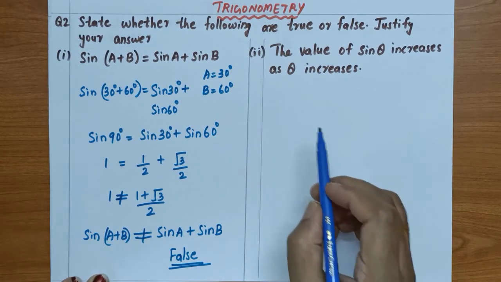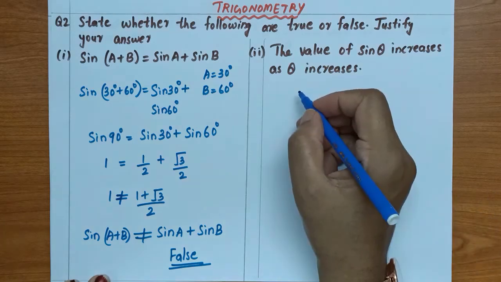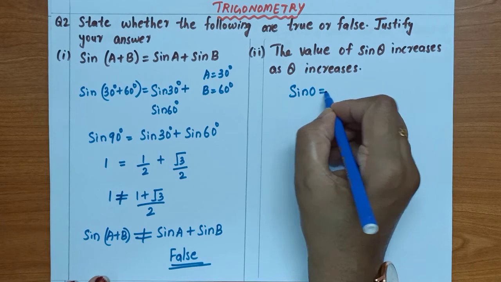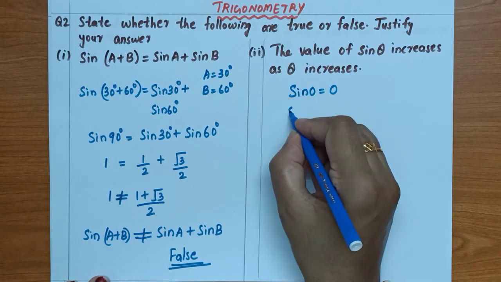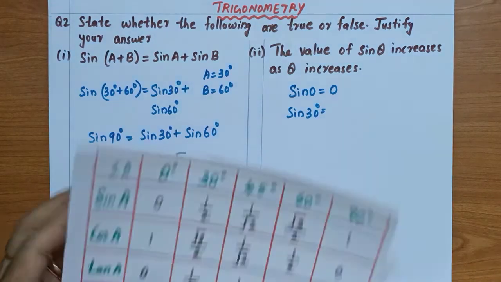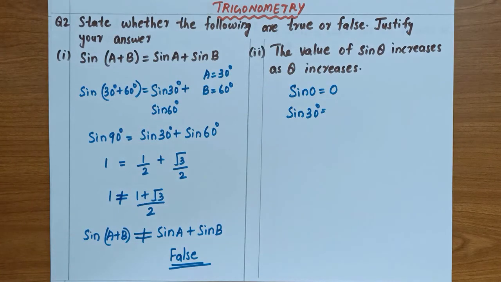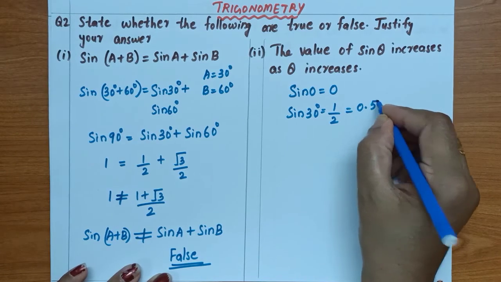Next statement: the value of sin theta increases as theta increases. We can find out the values of sin theta. Sin 0 is 0. Sin 30 degree from the chart is 1 by 2, that means 0.5.